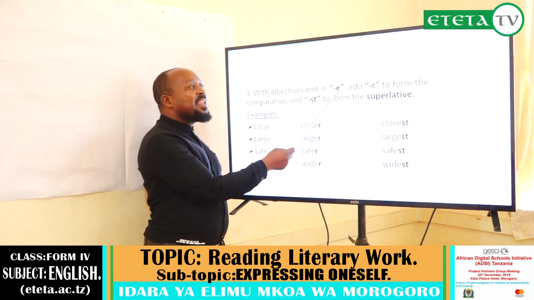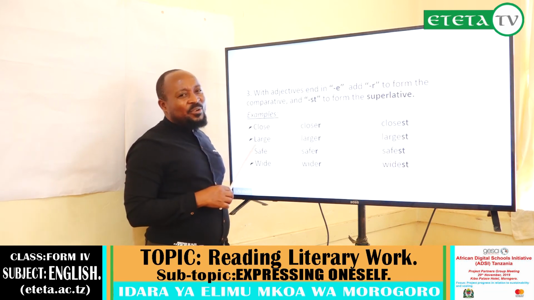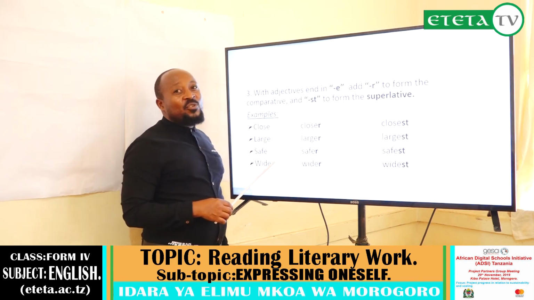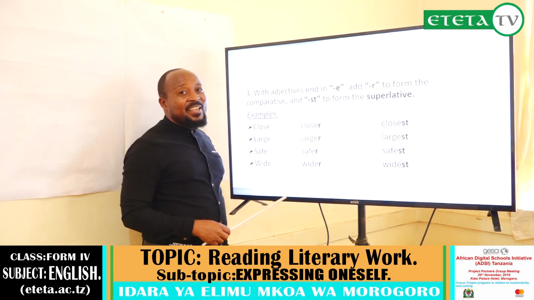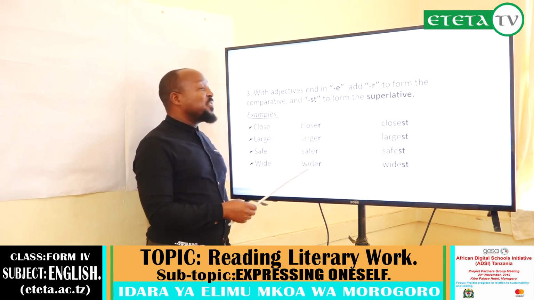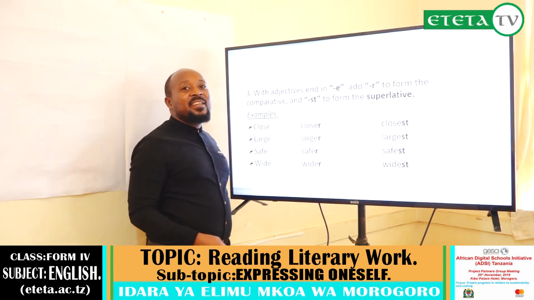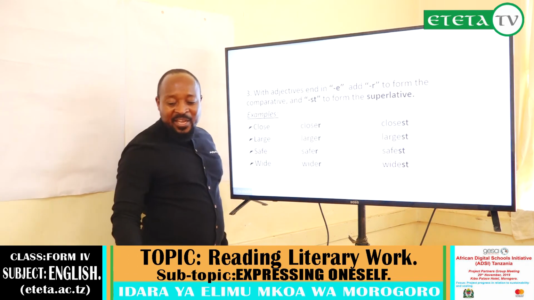You don't need to suffer a lot. You won't add ER, because you would then have a double E, which will not work. So just add R for the comparative, and here just add ST, because it is already simplified.